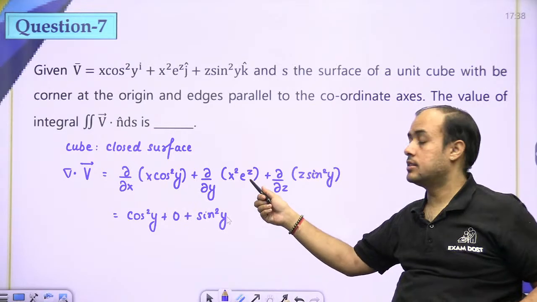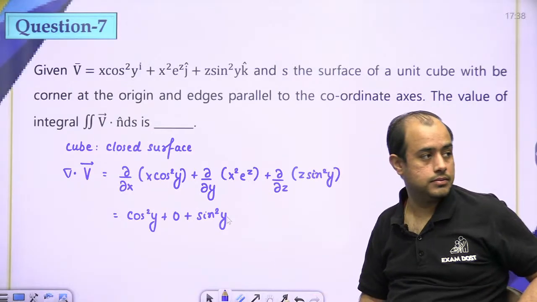The second term does not have any y, so derivative 0.